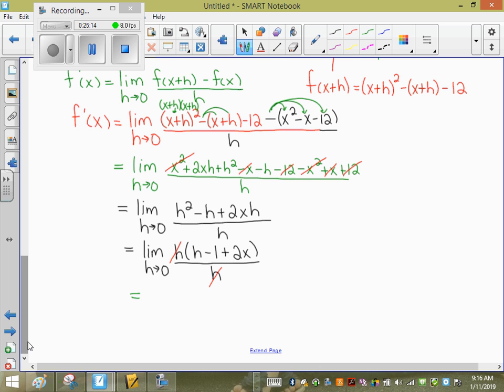Put 0 in, and then the limit drops off the moment you substitute in the 0. So ultimately, in the end, I have f prime of x equals 2x minus 1. So the first derivative, that's what this means. The first derivative is 2x minus 1.